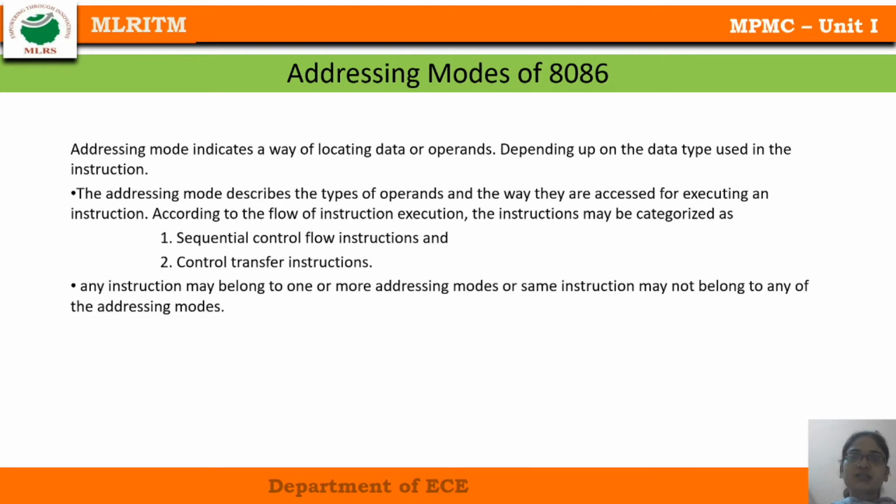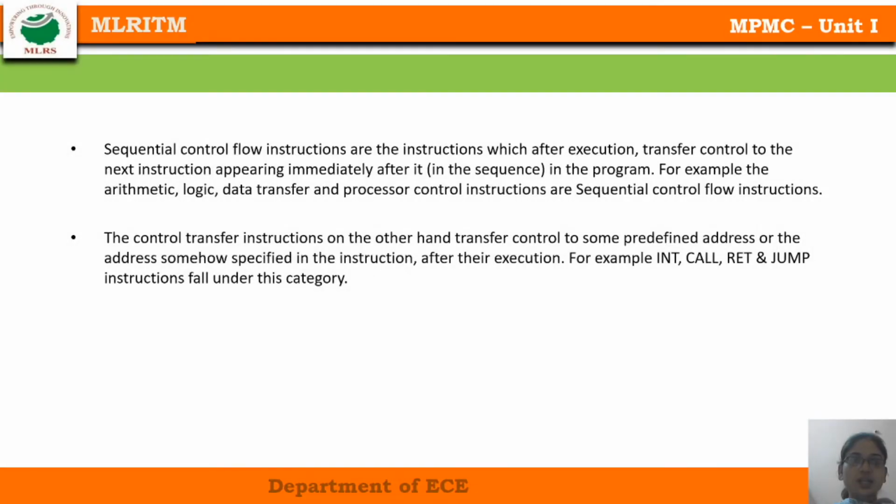Instructions may be categorized as sequence control flow instructions and control transfer instructions. Any instruction may belong to one or more addressing modes, or some instructions may not belong to any addressing mode. Sequence control flow instructions are the instructions which, after execution, transfer the control to the next instruction appearing immediately after it.